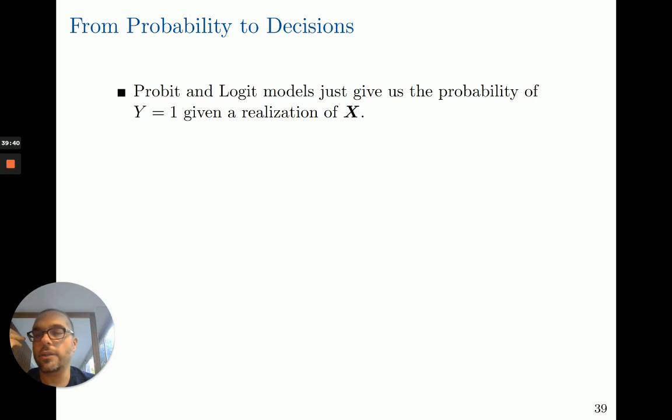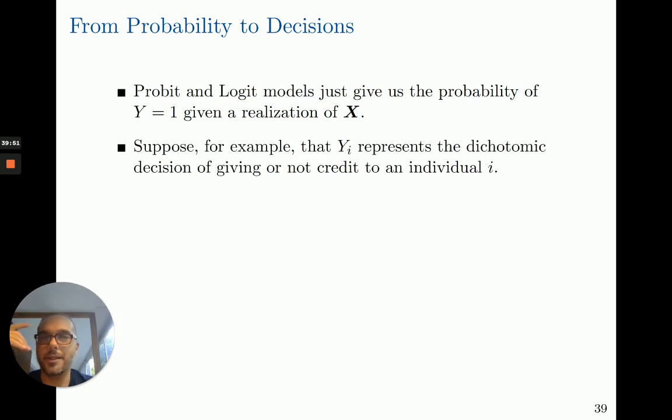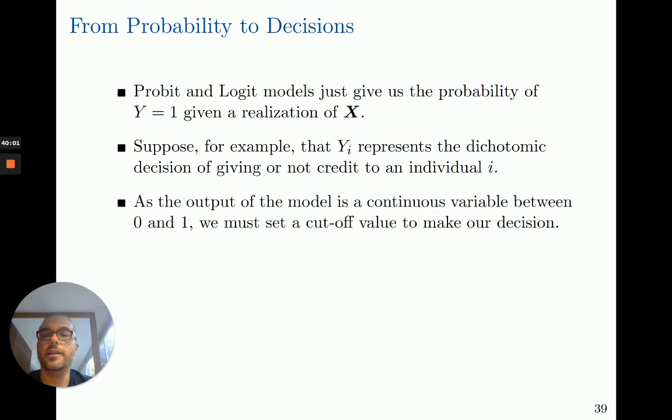Is the market going up or down tomorrow? We just have a probability. How can we make decisions based on that probability? Suppose that y represents the dichotomic decision of giving or not giving credit to an individual i.